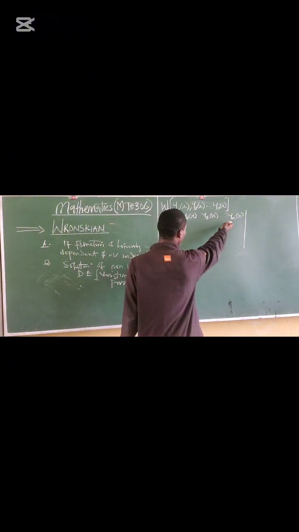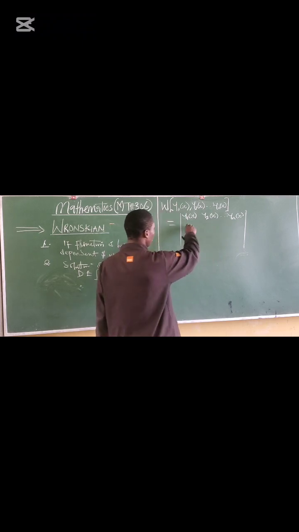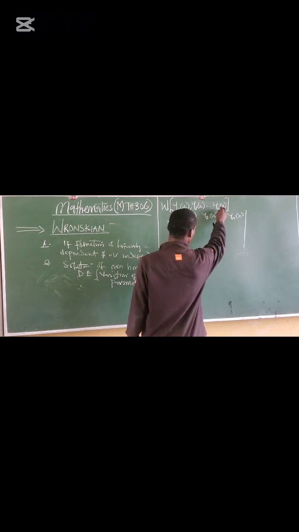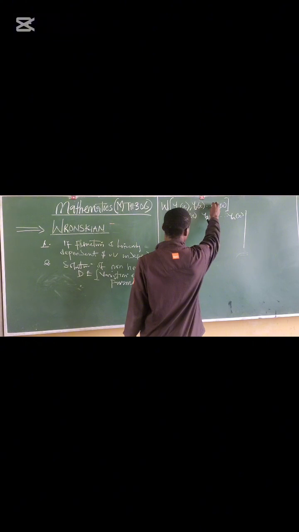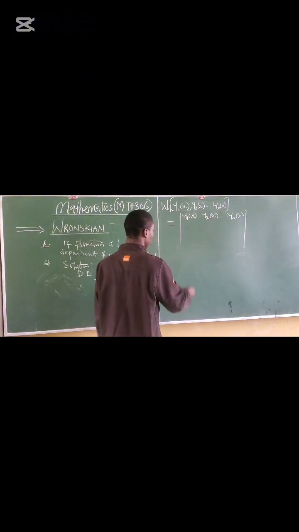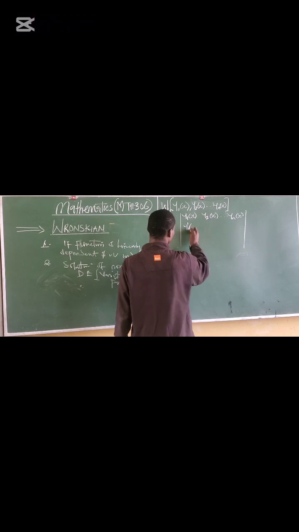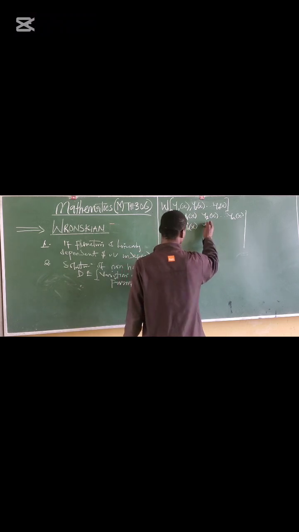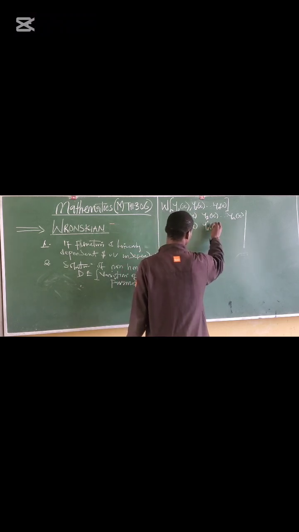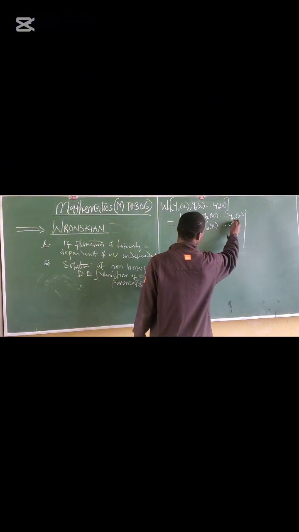So we have more than three sets of solutions here, because I said this continues till the end solution. If I take the derivative of this, I'm going to have y1 prime of x, y2 prime of x, and also yn prime of x.